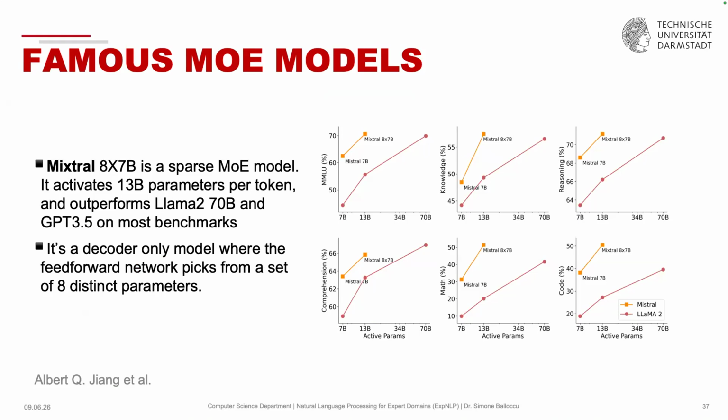It activates 13 billion parameters per token, and its results are competitive and sometimes even better compared to Llama 2, which has 70 billion parameters, and GPT 3.5, which has more than 100 billion parameters.